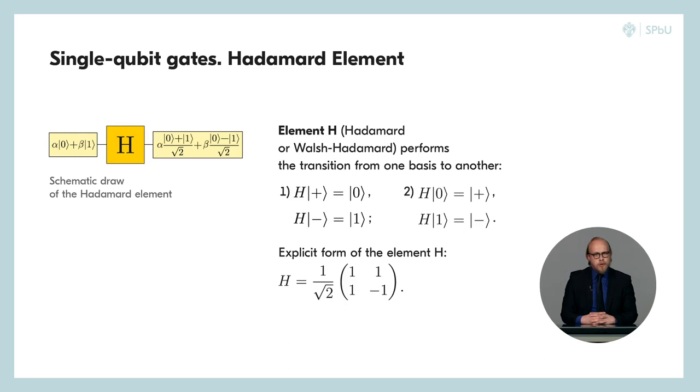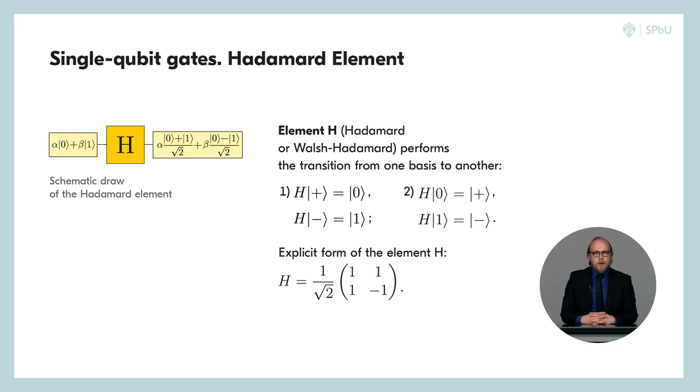The most important property of the Hadamard element is that it converts the computational basis into the Hadamard basis. So, for example, when the Hadamard element acts on the state vector 0 from the computational basis, we get the state vector plus from the Hadamard basis. And under the action of the Hadamard element on the state vector 1, we get the state vector minus.